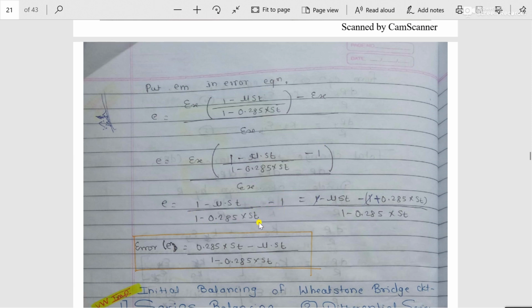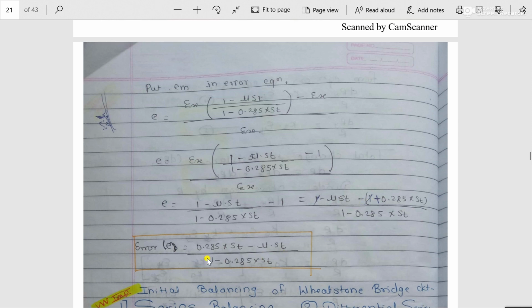Now here the denominators are not the same, so by making the denominators the same, by cross multiplication, my equation becomes 1 minus mu into St as it is, minus, by making this cross multiplication, if this minus sign I give inside the bracket, it becomes plus, therefore 1 plus 0.285 into St, and the denominators are the same, that is 1 minus 0.285 into St, and at the numerator this plus 1 minus 1 will get cancelled.